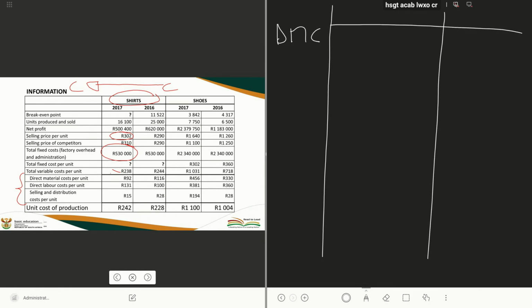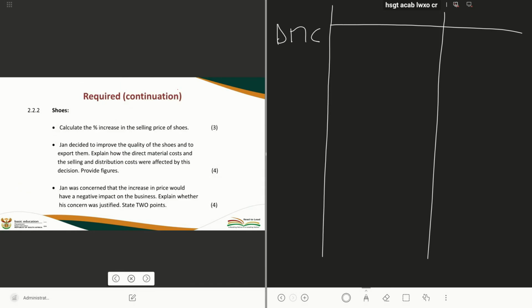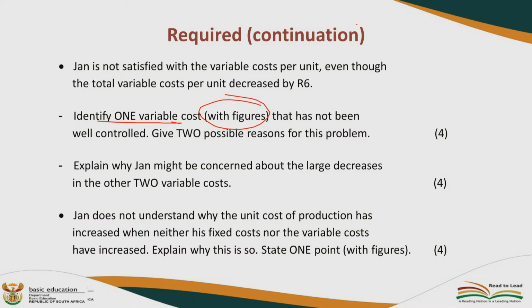Our direct material cost, let's check. It was how much? 116. It is now 92. Let's check the question. What did they say? They say, explain why Jan might be concerned about the large decrease in the other 2 variable costs.